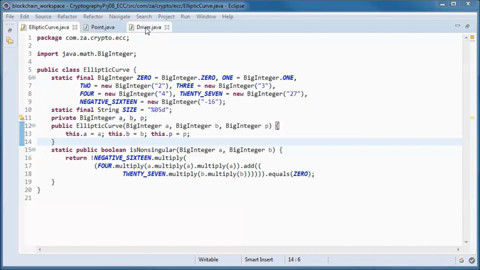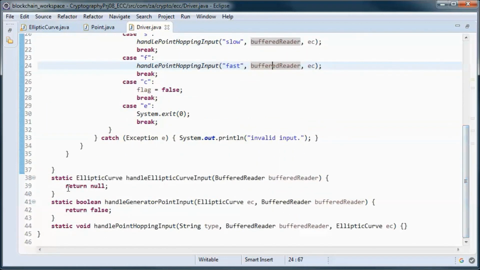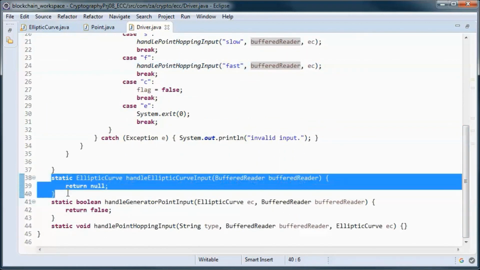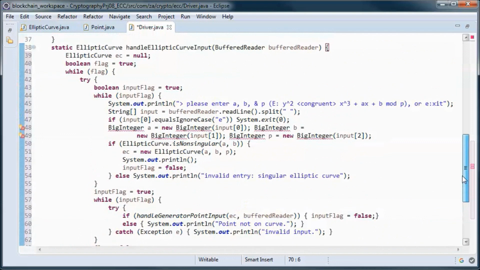So now we can go back to the driver class and have this method finish the coding.